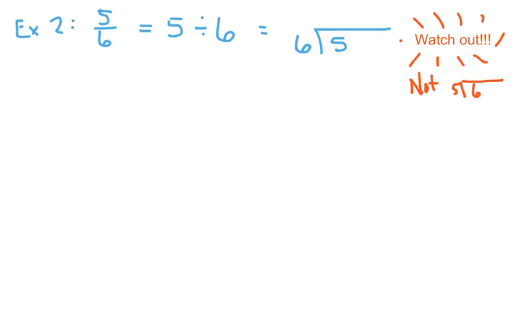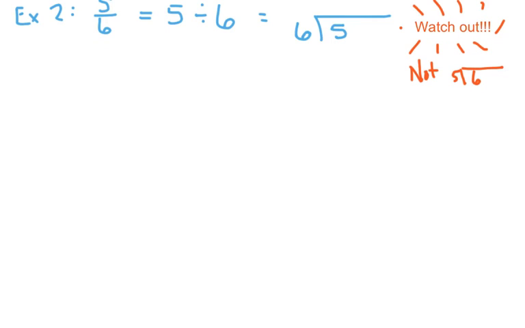Watch out. Don't put 6 divided by 5. Now let's get going with 5 divided by 6. So we put our decimal point and add some zeros. Again, we can add some more zeros later if we need to. Put the decimal point up top wherever we put it on the bottom.